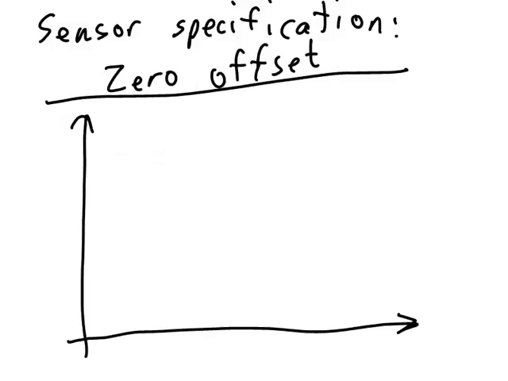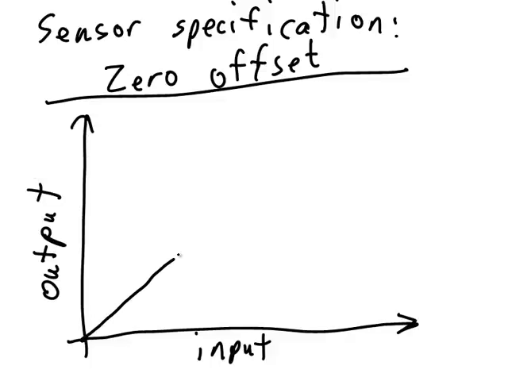In a sensor response curve, which shows the input versus the output of the sensor, we would like to have a case where zero input corresponds to zero output. In other words, we want the sensor response curve to intersect the origin right there.